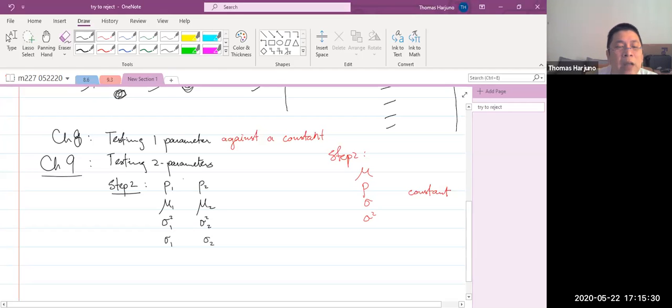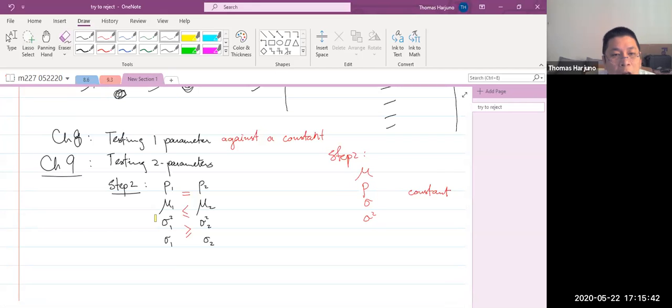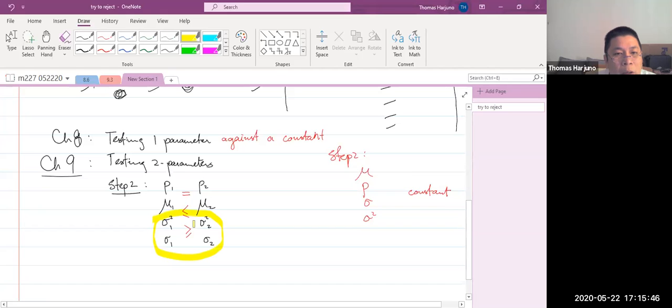The sign in between, in the null hypothesis, will be either the equal sign, less than or equal to, or greater than or equal to. Oh, by the way, I think I need to clarify one thing. This is in the book, but I will not teach you this part.